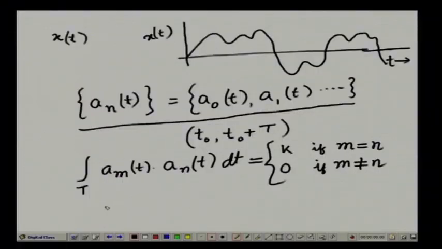and if this is true for this set of real valued continuous functions, then this set forms an orthogonal set of basis functions. And if the value of this constant k is equal to 1, then we say that the set is orthonormal.